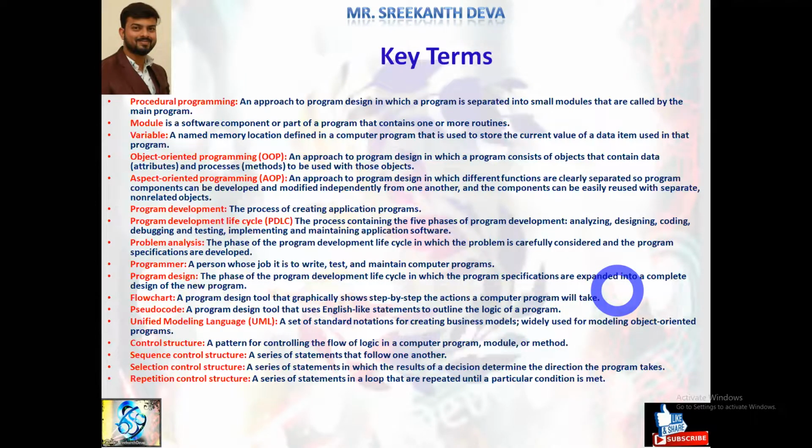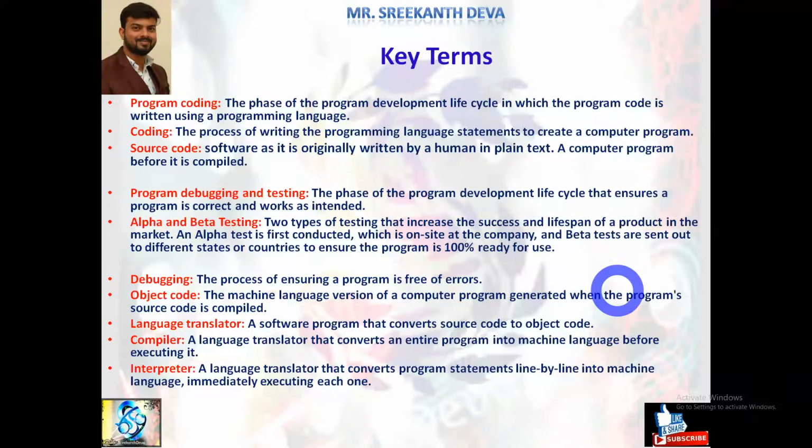Some key terms are commonly used in the real-world environment. I wrote those terminologies here and provided some simple definitions, so you can easily understand these key terminologies commonly used in programming.